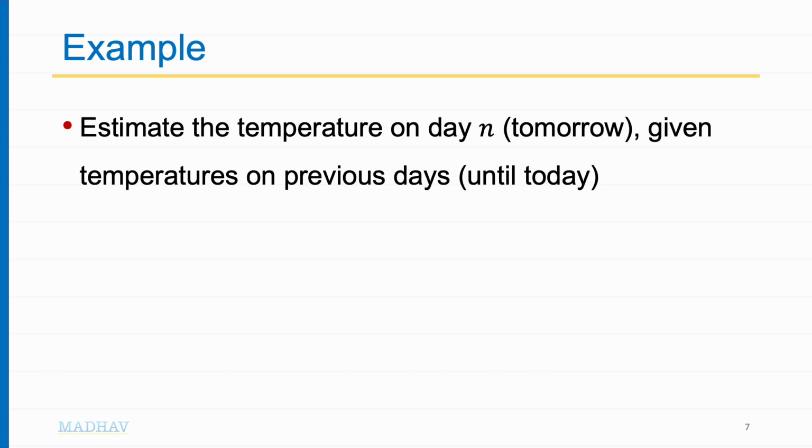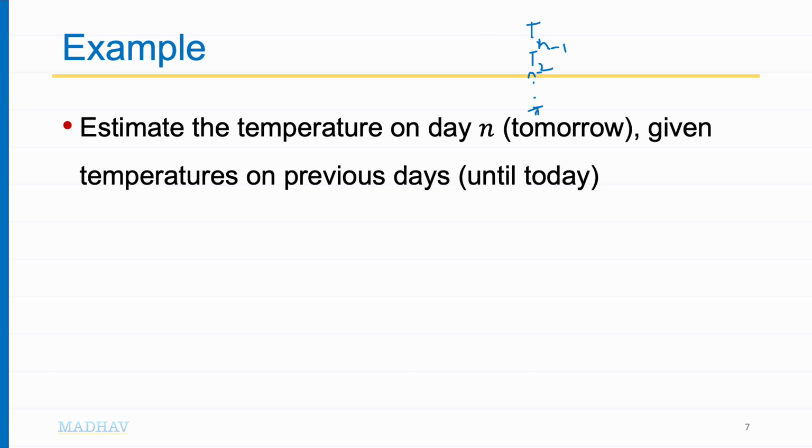One approach could be you take the temperature today, let's call it T1, the temperature yesterday, T2, and so on up to T capital N. Day N is tomorrow, so today is N minus 1, then N minus 2, and so on.